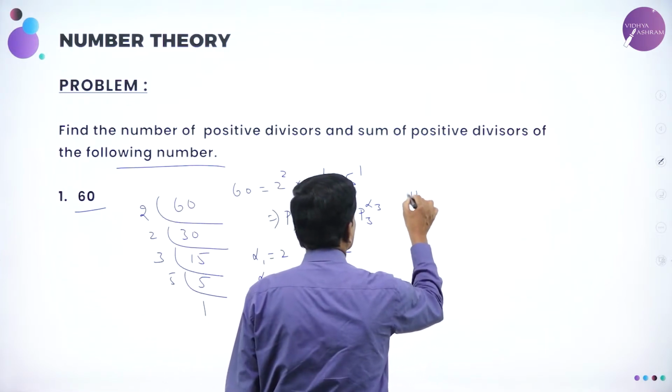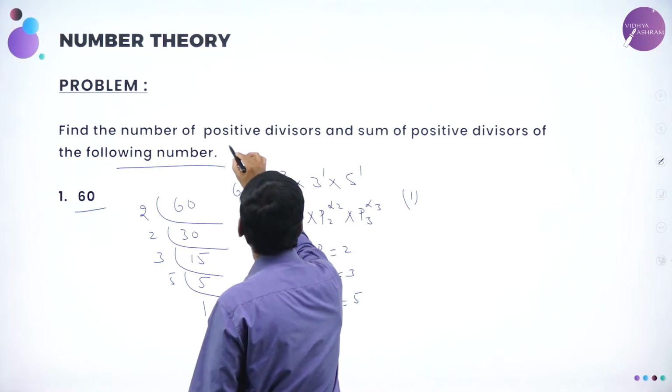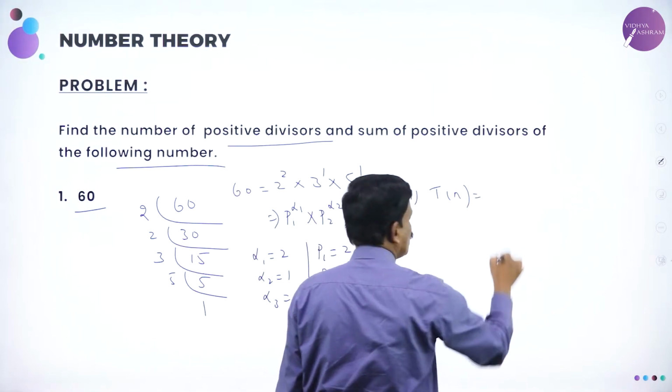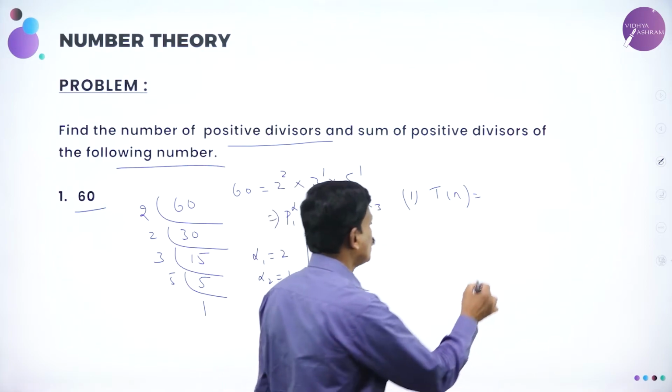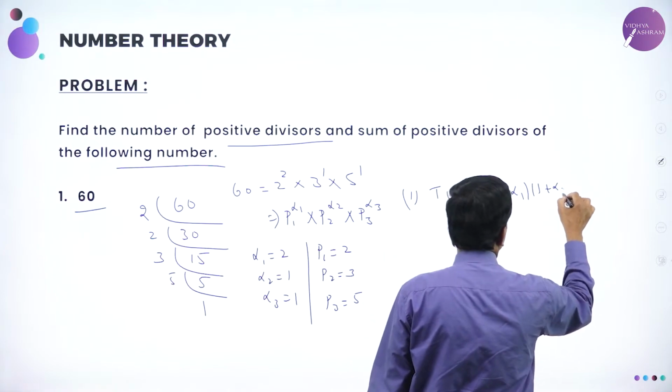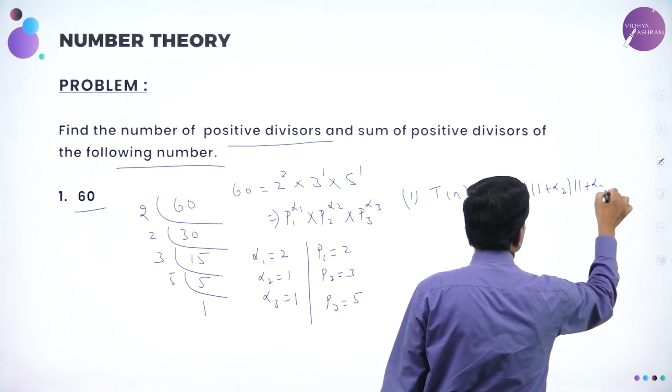What is the first one? First one is nothing but the number of positive divisors. Number of positive divisors are T of n. T of n is equal to 1 plus alpha 1 into 1 plus alpha 2 into 1 plus alpha 3.